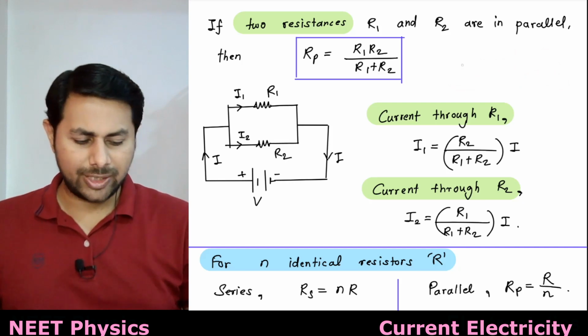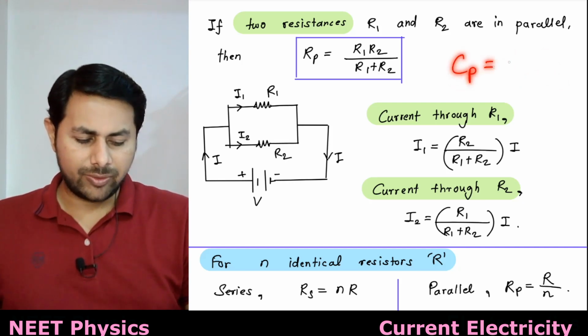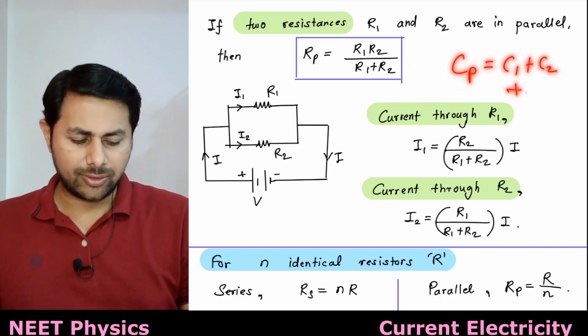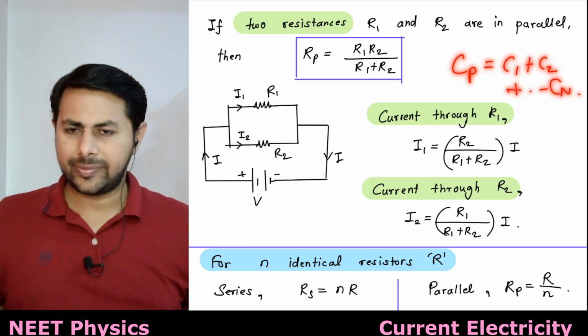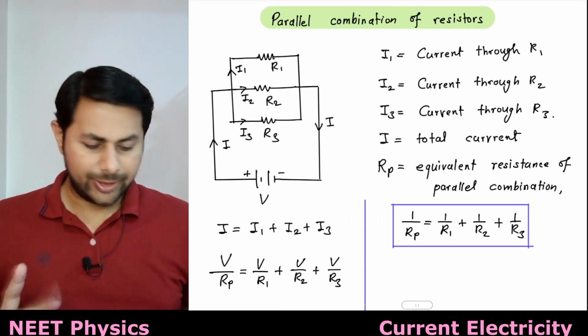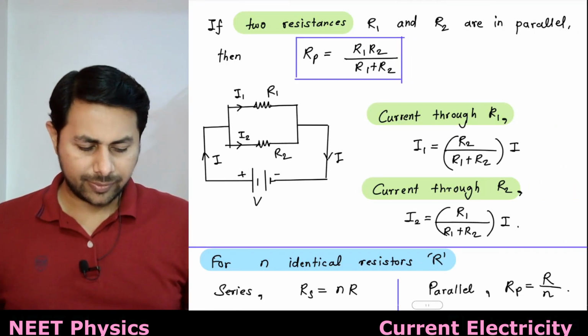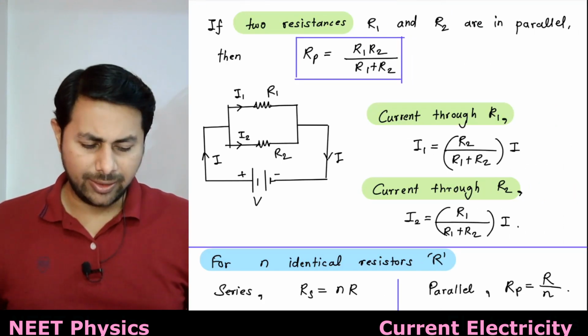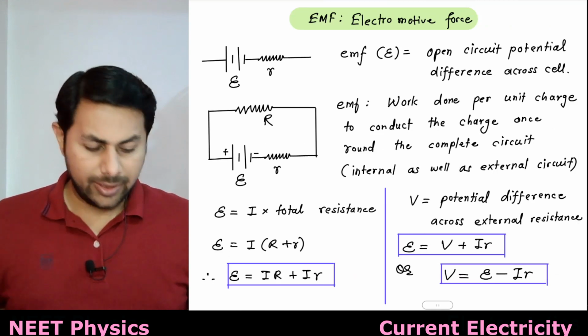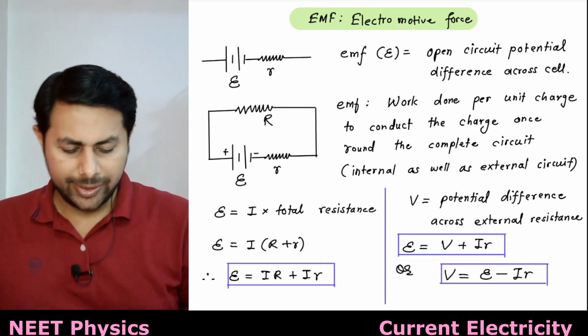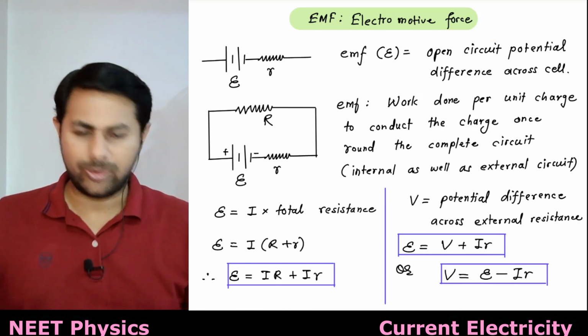And in parallel combination, Cp is equal to what? C1 plus C2 plus so on and so forth up to Cn, right? So it's opposite for capacitors and resistors, right? Please remember that. And then we'll see the electromotive force.